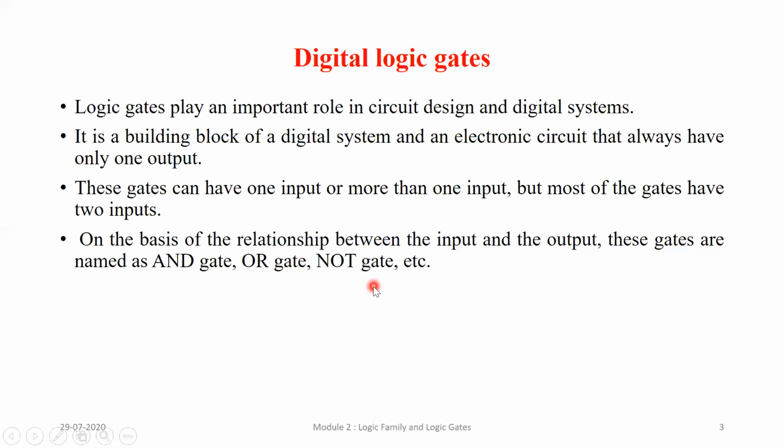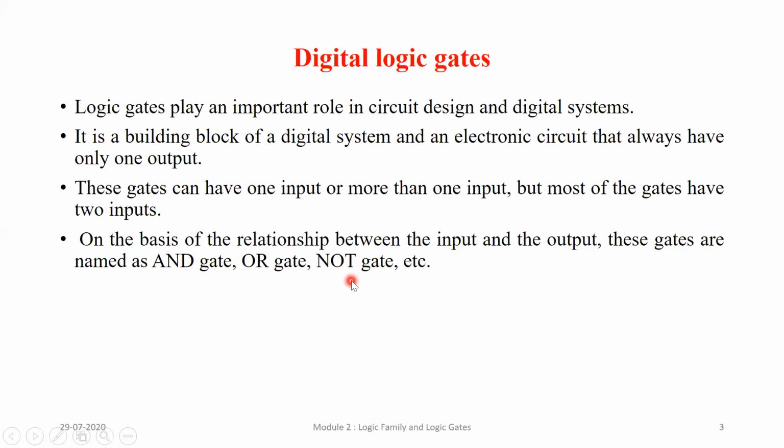These are the new names. On a certain set of input, I get a particular output, and in the nature of that output, we give all these names. So right now, from this slide, you learn 3 gates: AND gate, OR gate, and NOT gate.